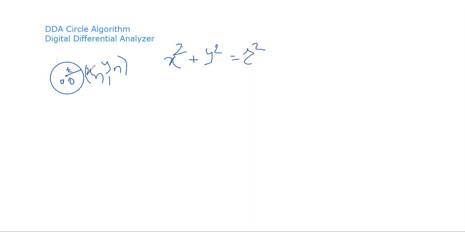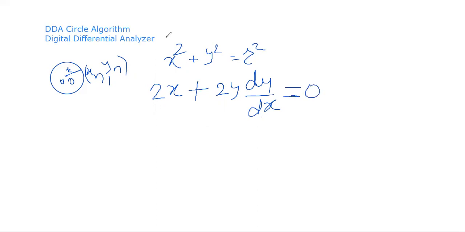If you differentiate it with respect to x, you get 2x plus 2y dy divided by dx, and r is a constant value, so its derivative is equal to 0.